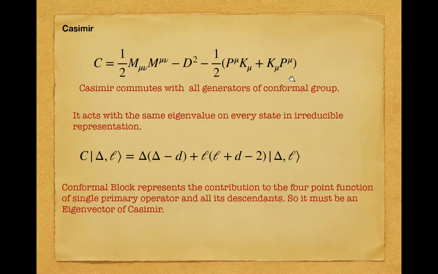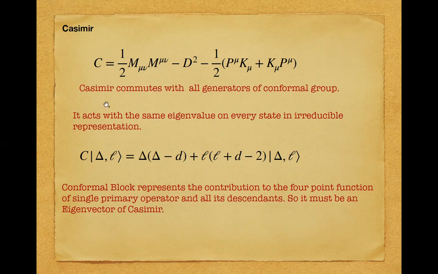I told you that there are these conformal blocks, but you have to know what those conformal blocks are. Then you should know a way to compute them, and that is what this slide tells you: you have to consider the Casimir of the conformal group.